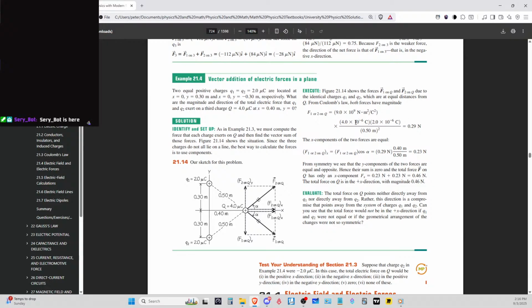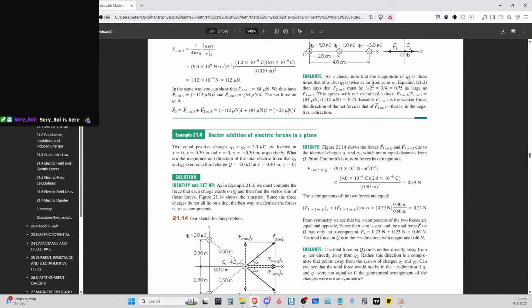A step somewhere? This is the right number. Oh, it's minus the 6. Oh, I did nanos.